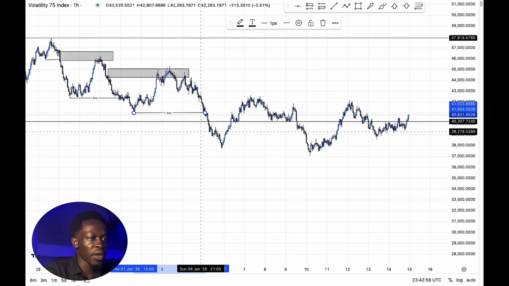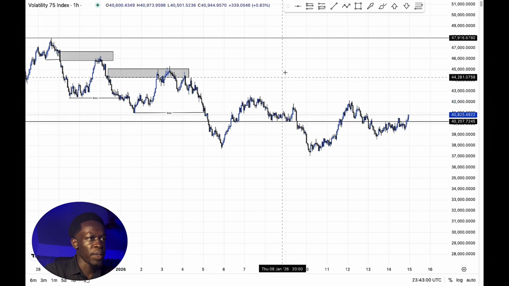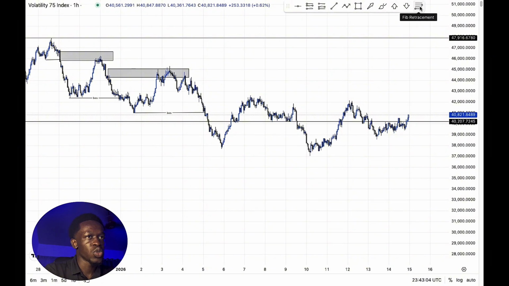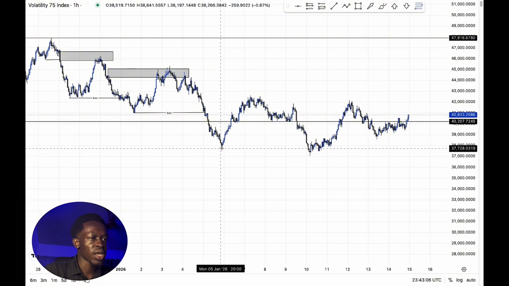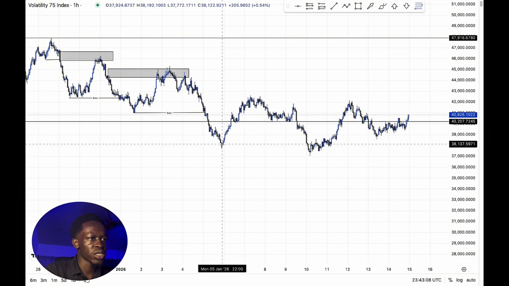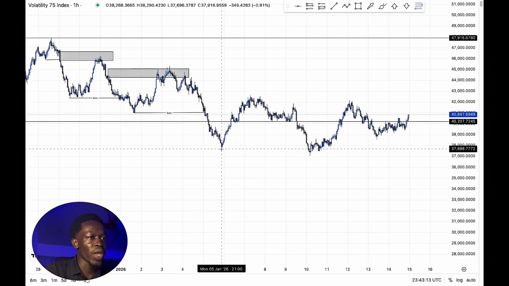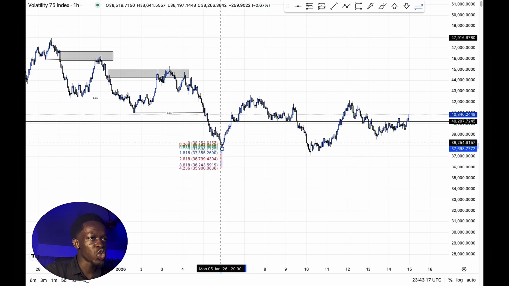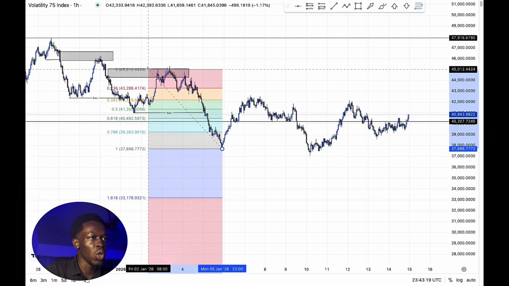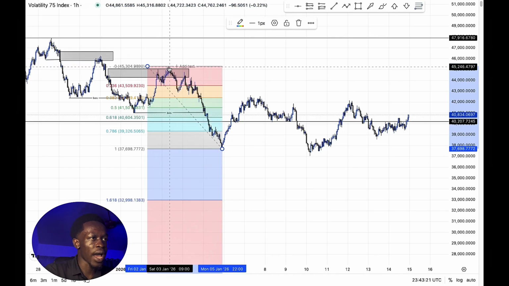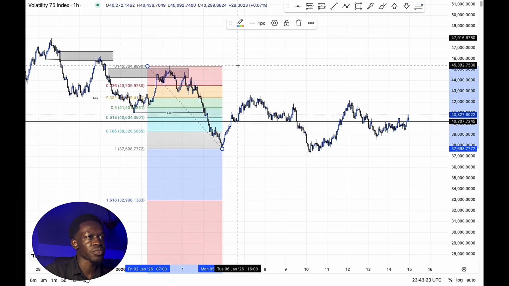So we got another breakout structure, making it the third one, and here is when we took our Fibonacci retracement, marked it from where the market started retracing from. I marked it from the previous low to the previous high at this level here.